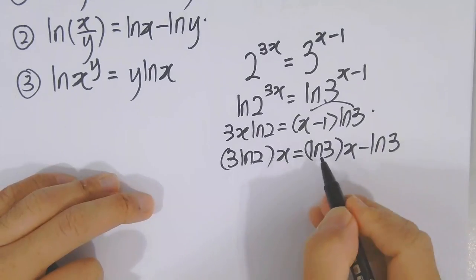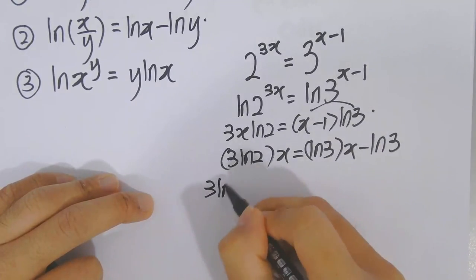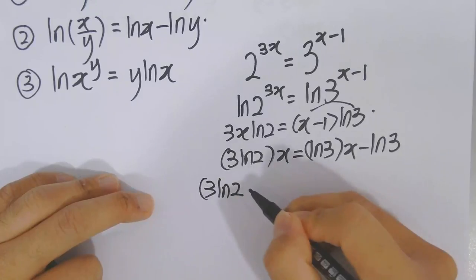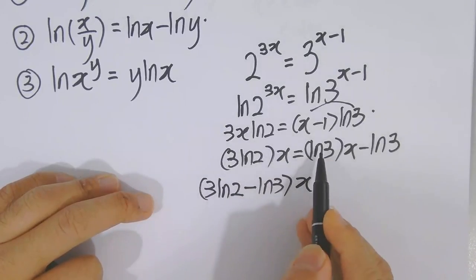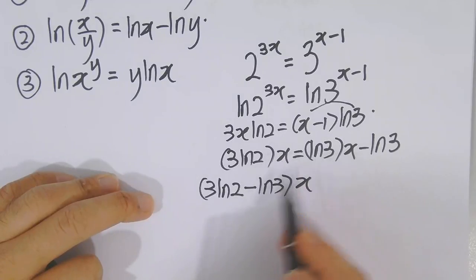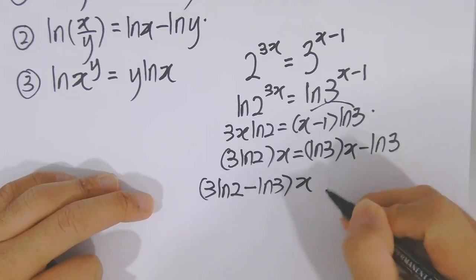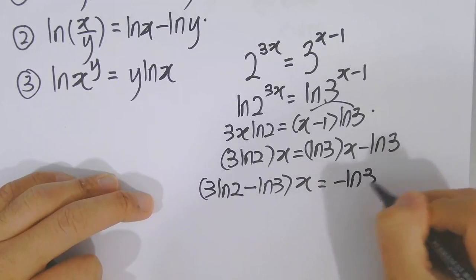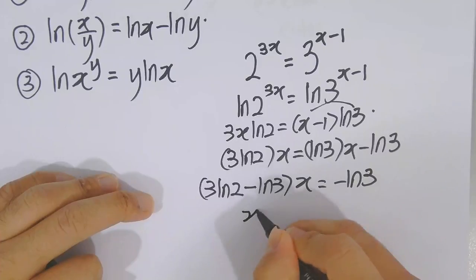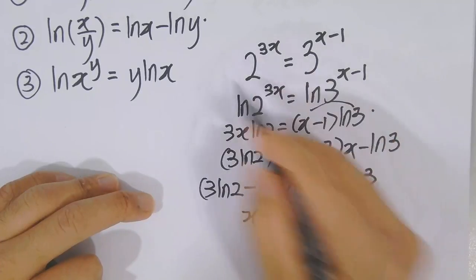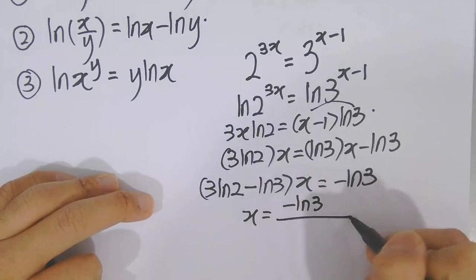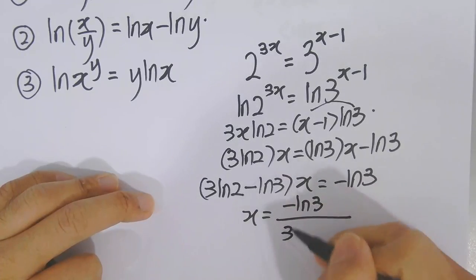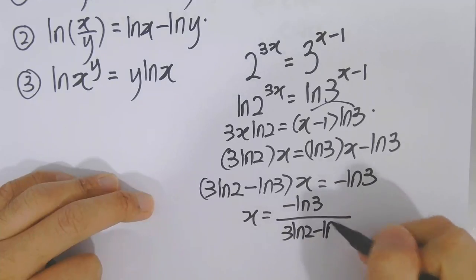I group the 3 ln 2 x minus ln 3 x, so you can factor out the x, and you have negative ln 3 on the right hand side. Overall the solution for this equation is x equals negative ln 3 divided by 3 ln 2 minus ln 3.